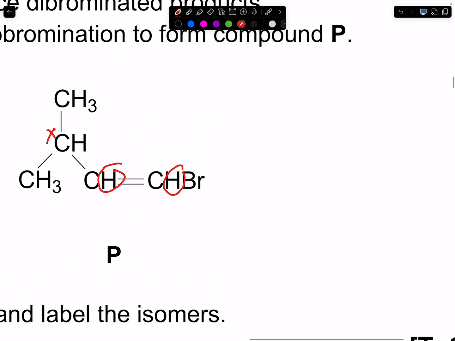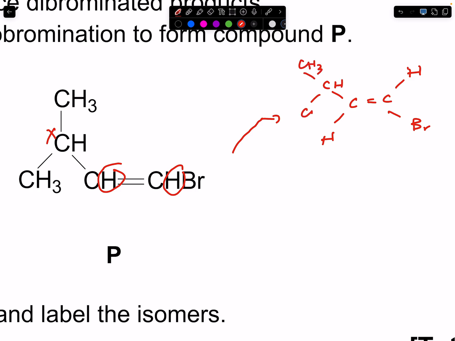So if you were to draw out CH3 and then CH3, right? Correct? And then this is trans, correct or not? Then the other way will be like that, right? Okay.